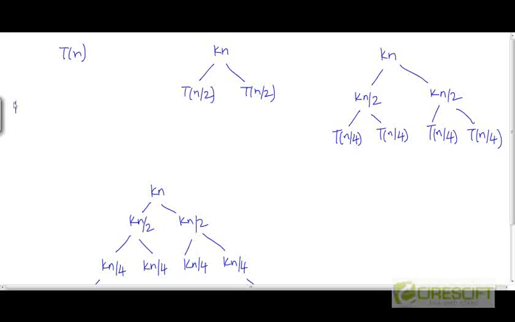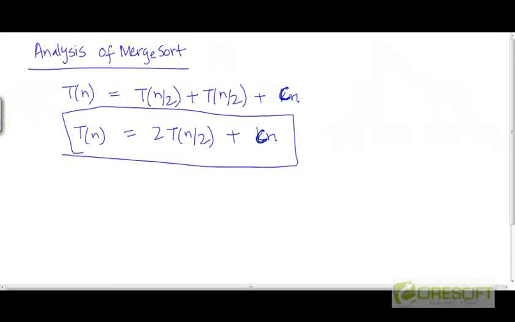And this method is called the recursion tree method. What we do in the recursion tree method is we start with T of n, and then we replace T of n by the right hand side of the recurrence equation.